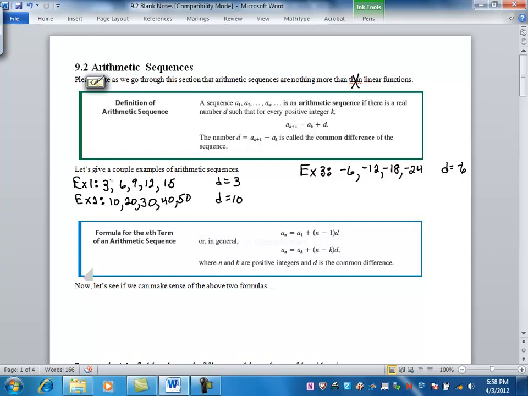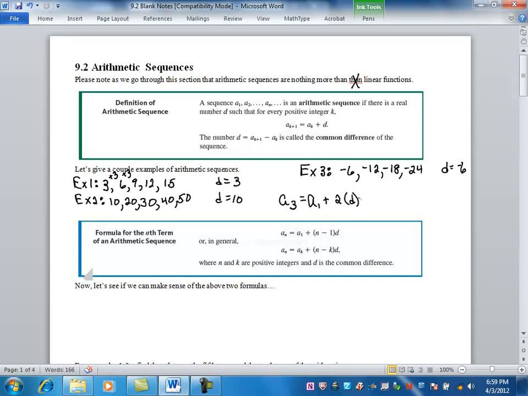I add 3 once to get to the second term, and add 3 again to get to the third term. So if I want the third term, I take the first term and add on 2 values of the difference.